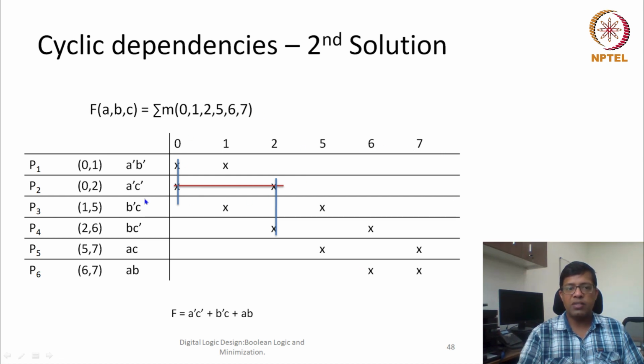Out of that, I see 1 and 5 is the better possibility because it is able to cover two different min terms. So I'll select 1 and 5, and after selecting them, I can remove min term 1 and min term 5 from the chart, and out of the remaining min terms 6 and 7, I can use P6, that means 6 and 7, AB, in my solution.